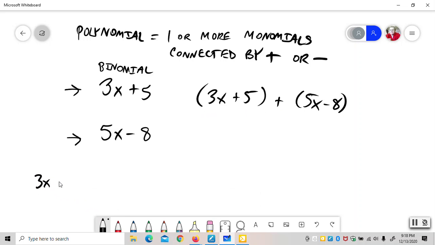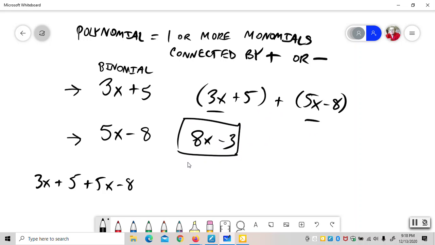If I just read 3x plus 5 plus 5x minus 8, that might look like a single polynomial with 4 terms, a tetranomial if you wanted to call it like that. But these are just to emphasize it as two separate polynomials, two separate binomials. And it's just like collecting like terms, which we have done. 3x plus 5x are both x's. 5 plus negative 8: add unlike signs, you subtract, take the sign of the larger. So there you go. Easy enough.